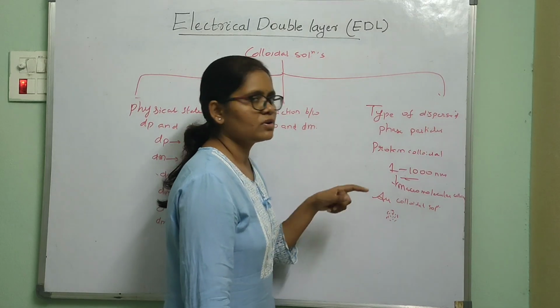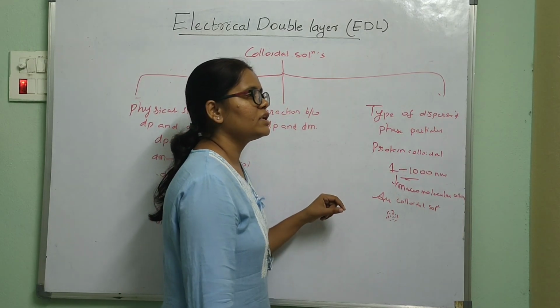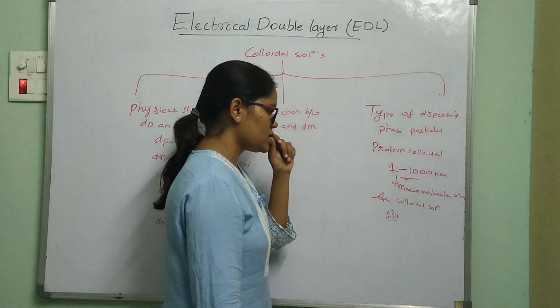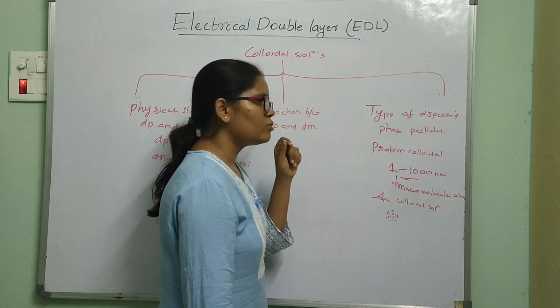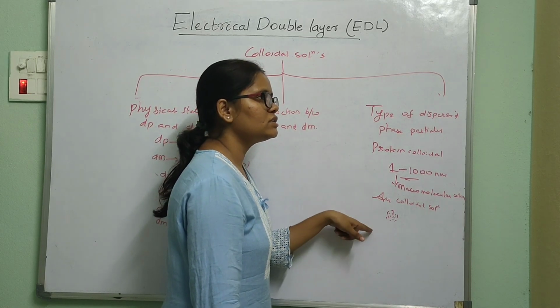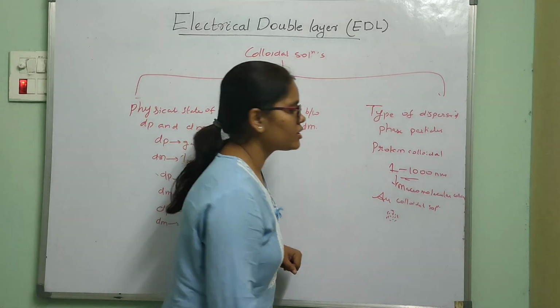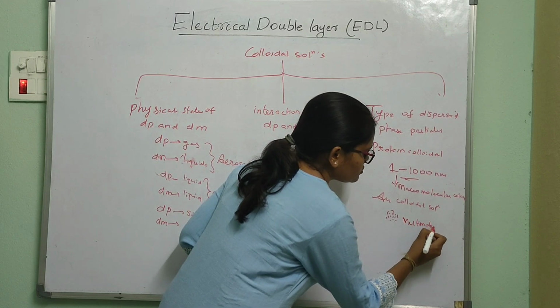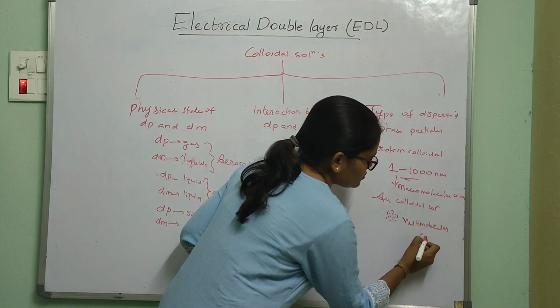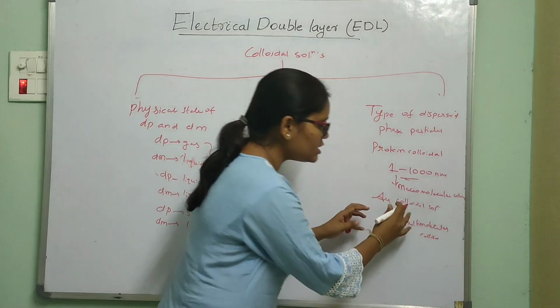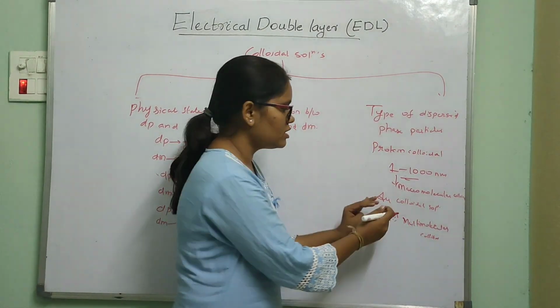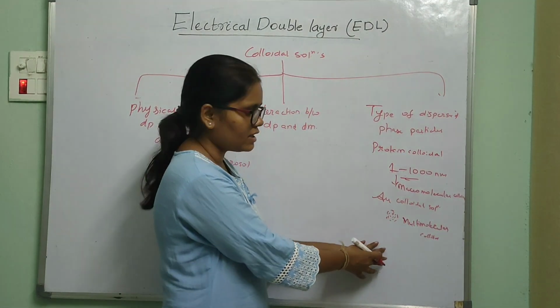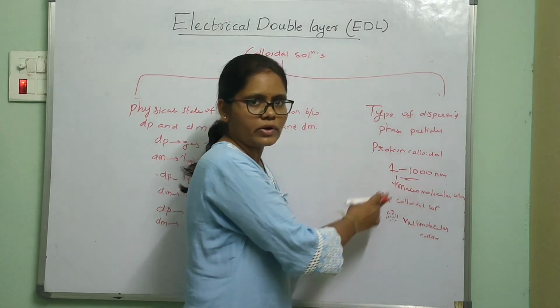This kind of colloidal solution has a different name. The other type is multimolecular colloids, I guess, because multiple atoms aggregate to form a particle whose size is in the colloidal range.